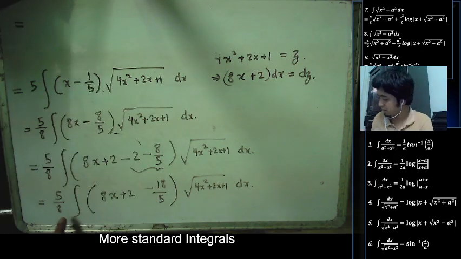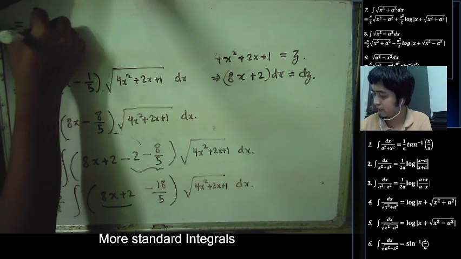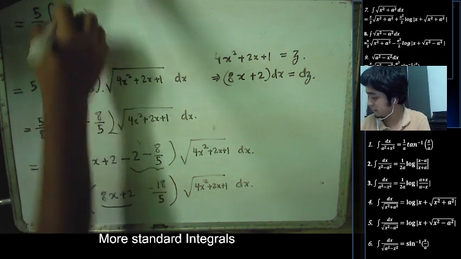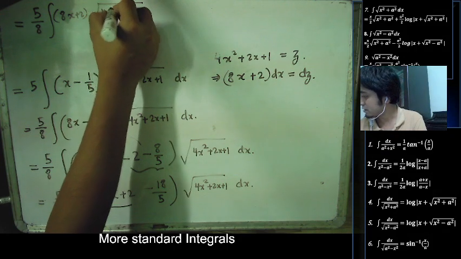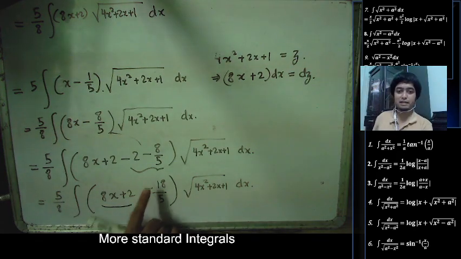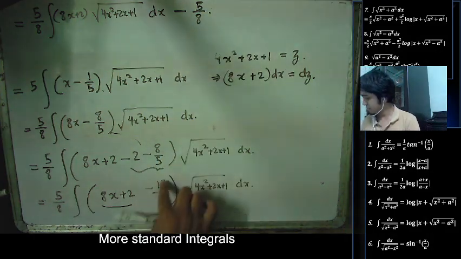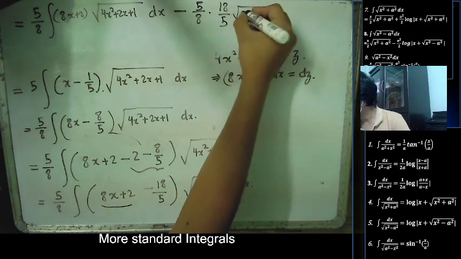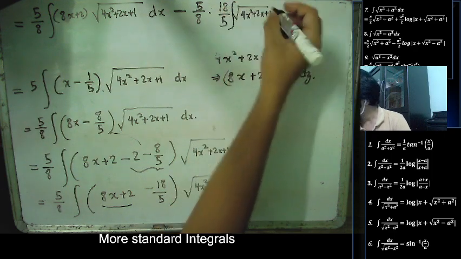Next, we can combine this together: 5 by 8 integral of (8x plus 2) over root quadratic 4x squared plus 2x plus 1 dx, but also we will be needing this term, so minus 5 by 8 times 18 by 5, integral of dx over root of 4x squared plus 2x plus 1.